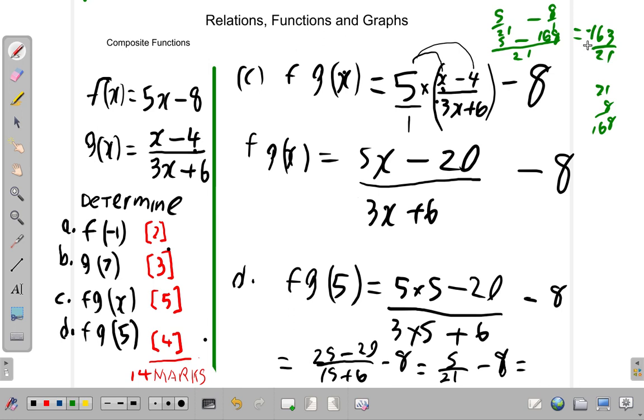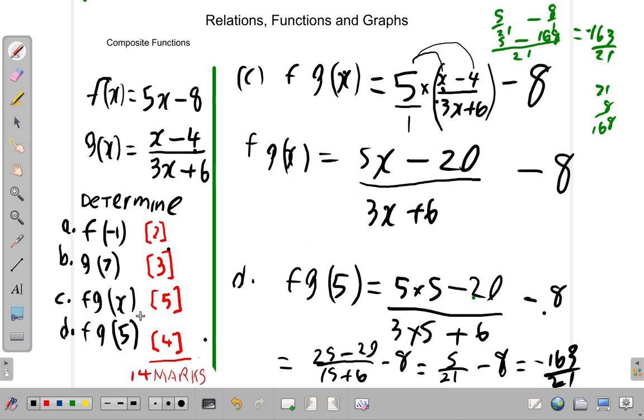Alright? So we have negative 163 over 21. Alright. Now, suppose you were not asked to calculate fg of x.